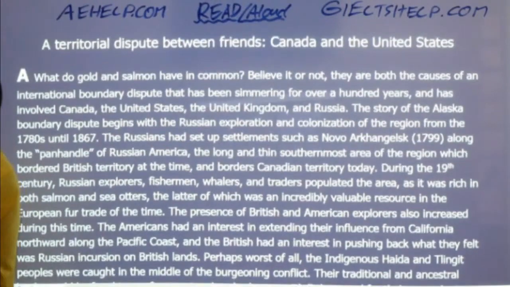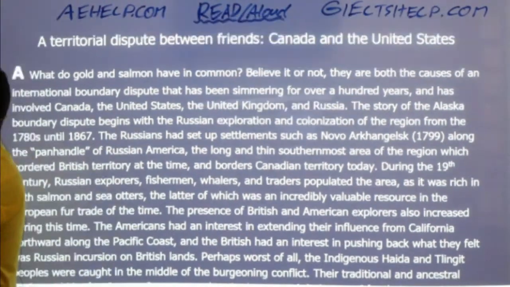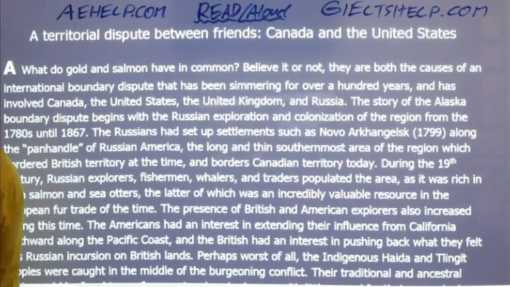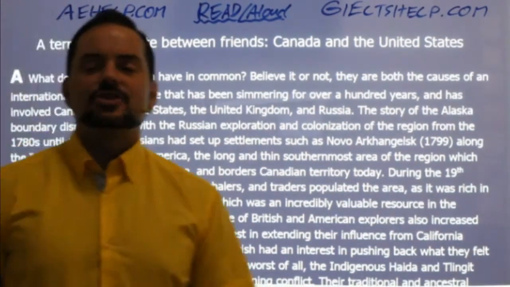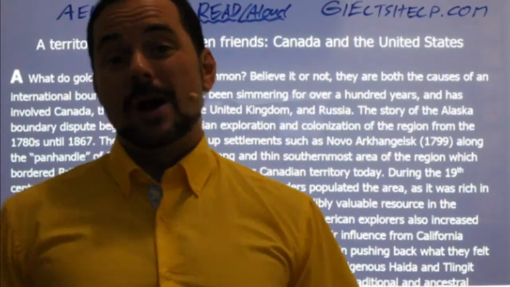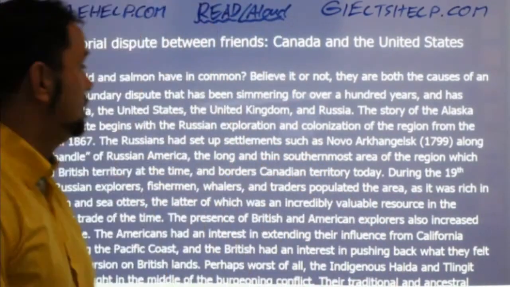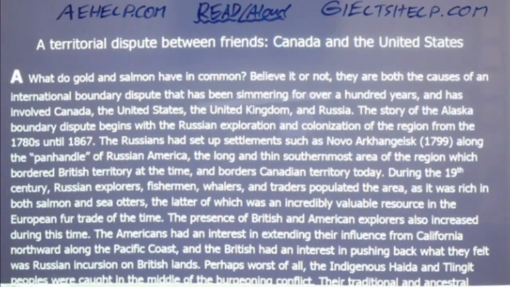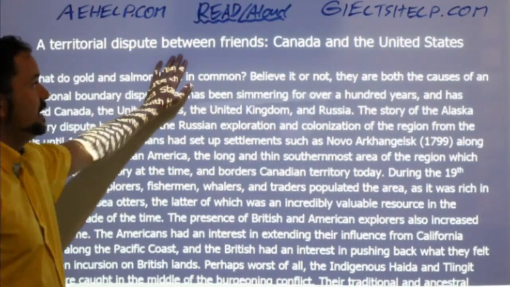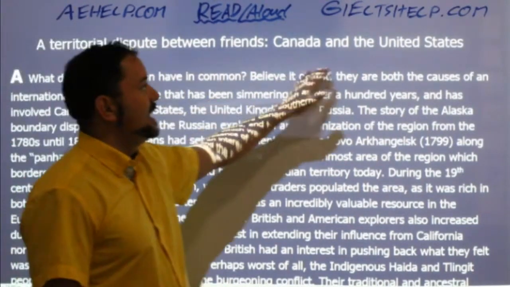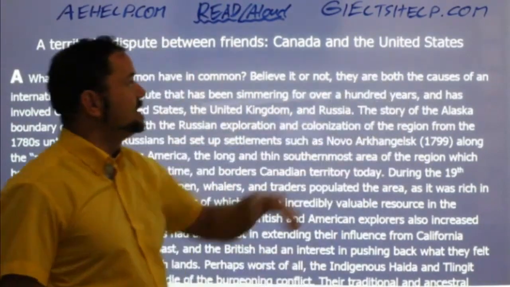Let's take a look at the title. Always read the title carefully. And then try to get a good idea of what you might be reading about. So here is our title: A Territorial Dispute Between Friends, Canada and the United States.